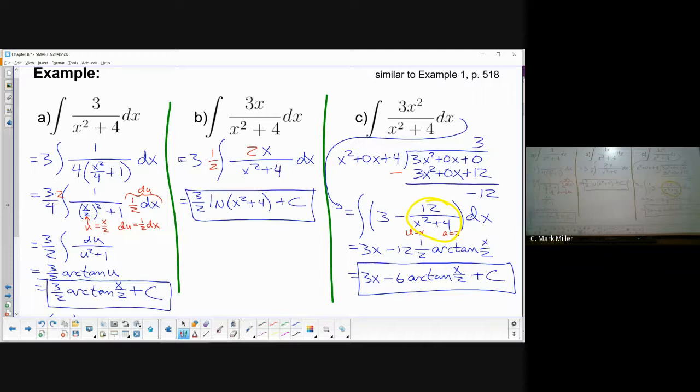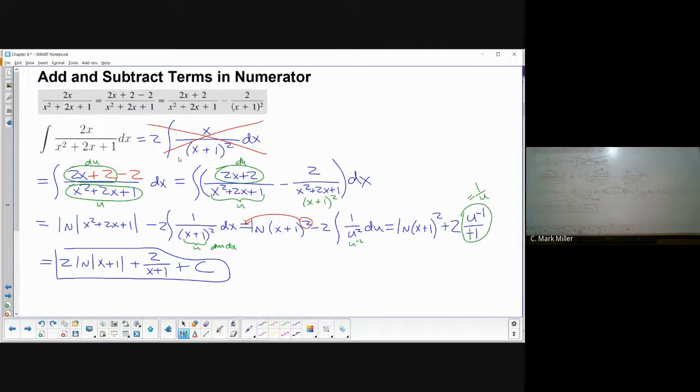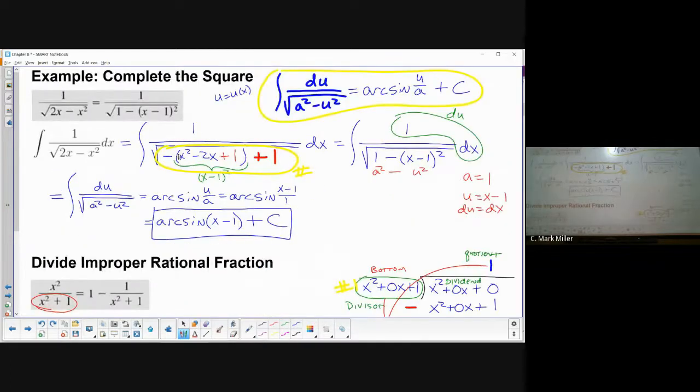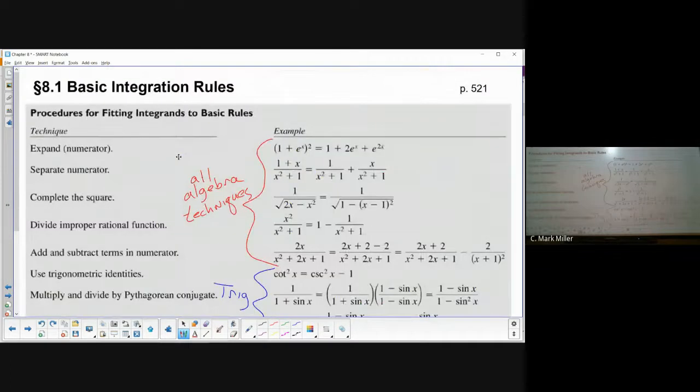Because they differ up top. One has just a 3, one has a 3x, one has 3x squared. But you handle them different ways, even though they're similar. So what this is intended to do is apply the stuff back here.